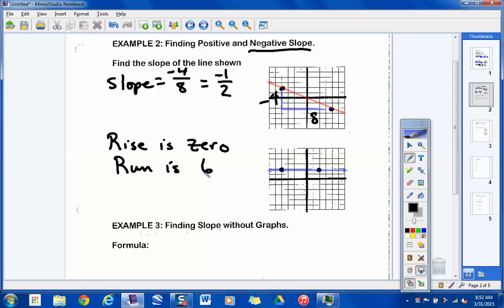So your slope would be 0 divided by 6. Is this uphill or downhill? Or neither? Neither. Okay, it's not moving uphill, it's not moving downhill.